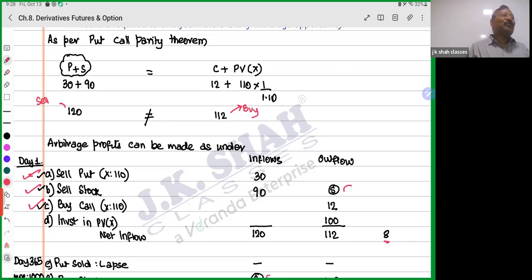See, arbitrage you have to do between two different segments. That's the value of the put and call. To buy a call, you also have to pay, lots into lot, that's it.